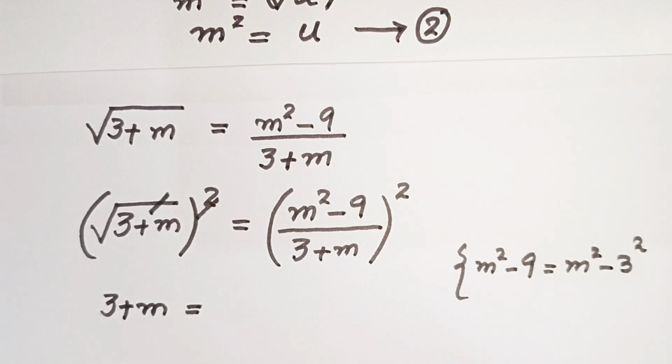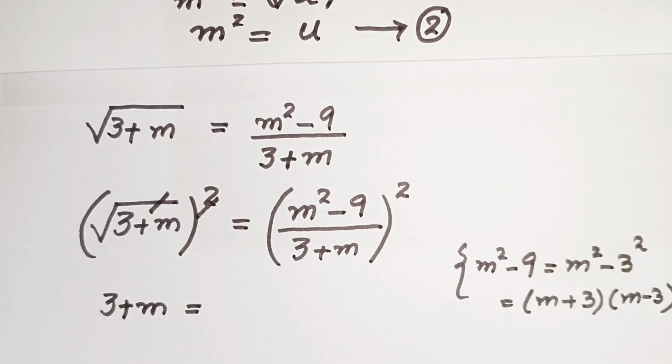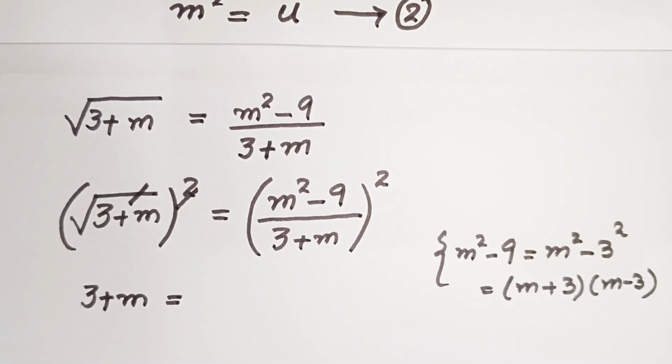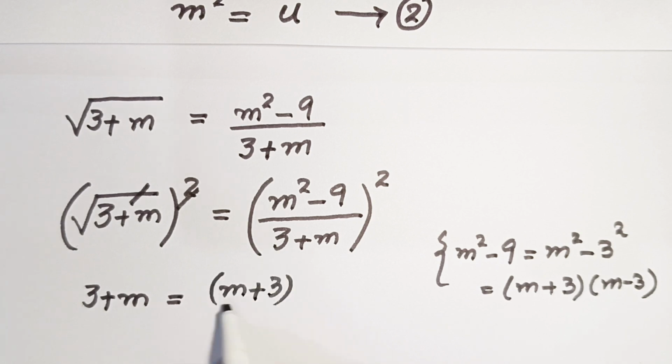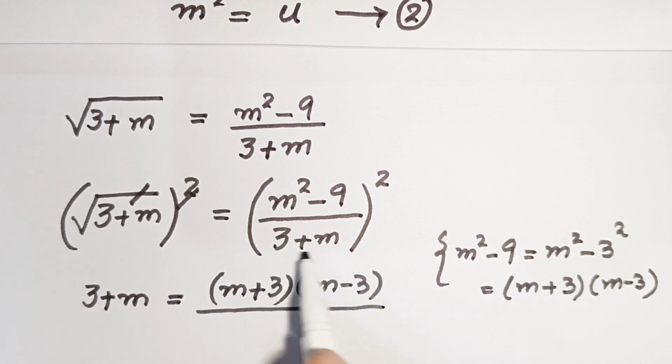So according to the algebraic formula, it is equal to m plus 3 times m minus 3. Here it is written as m plus 3 times m minus 3 all over 3 plus m, which can also be written as m plus 3 whole squared.